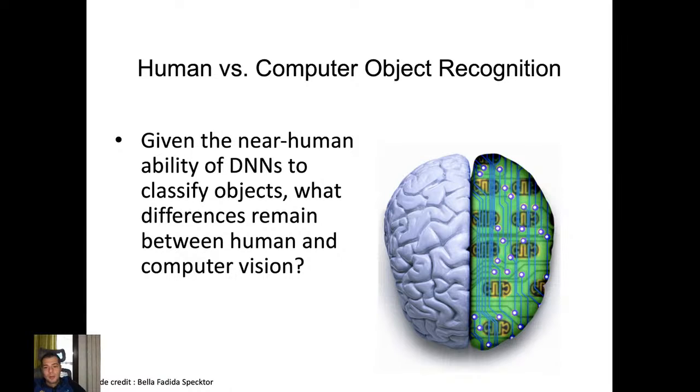Okay, so the question that we're looking at is, given that these models, as I think we mentioned in the previous slides, convolutional neural networks achieve very high performance on ImageNet and even surpass human level performance, they start from this question: what are the differences that remain between human and computer vision?